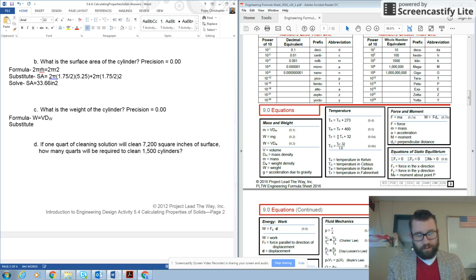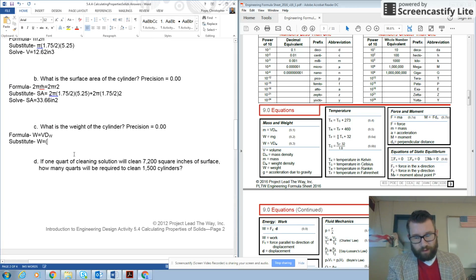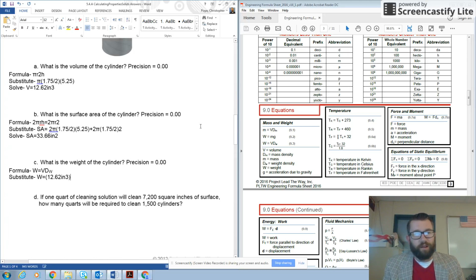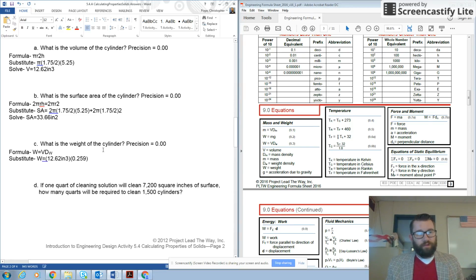I'm finding W equals V. I'm going to take V from part A, which is 12.62 inches cubed. And dW is my density of weight, so that's 0.259 pounds per inches cubed. I'm going to multiply those two things together.